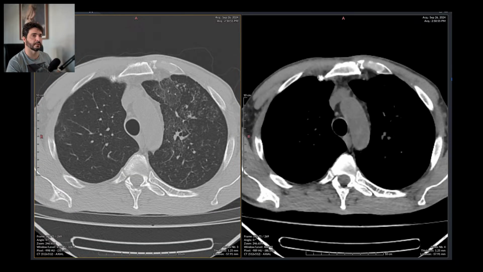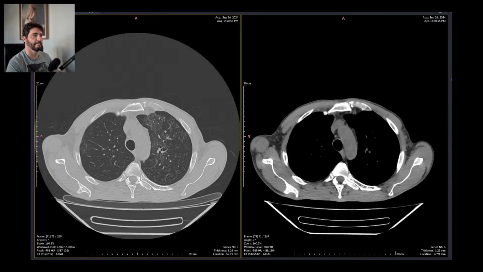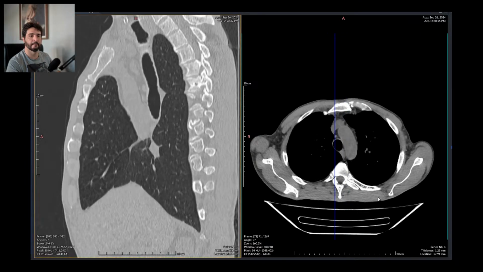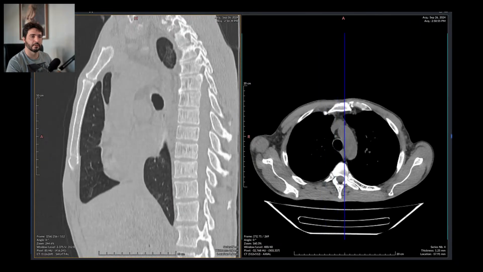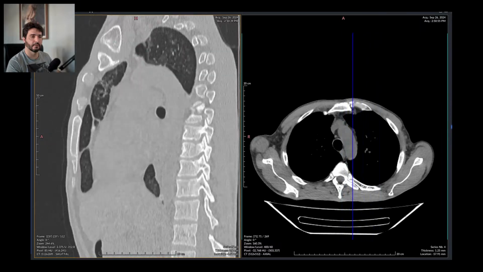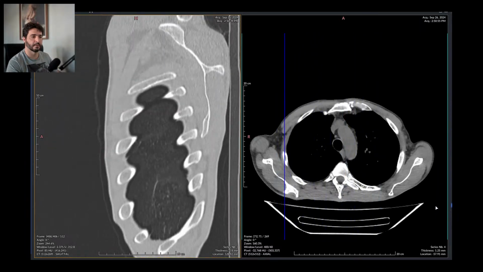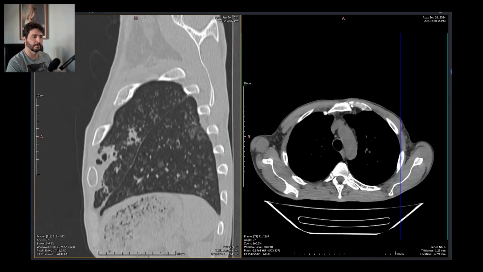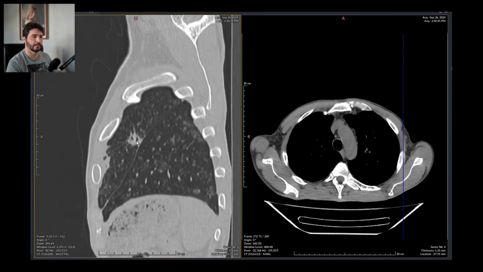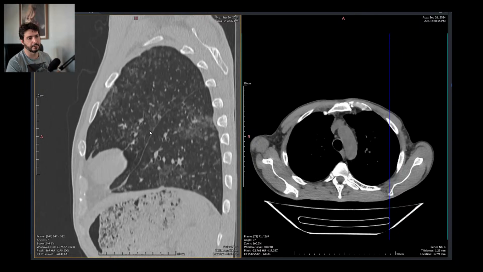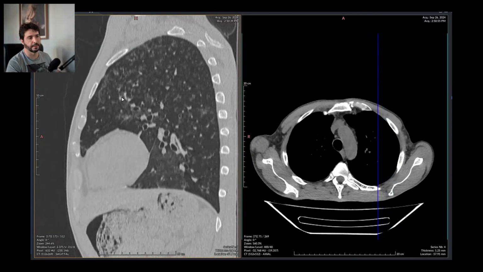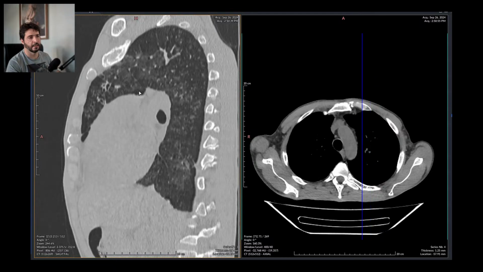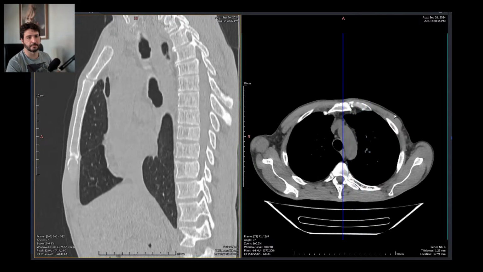I'm just going to do an MPR right here to look for bone anything, because bone could be surprising. So there isn't much. So necrosis, excavations or cavitated consolidations.